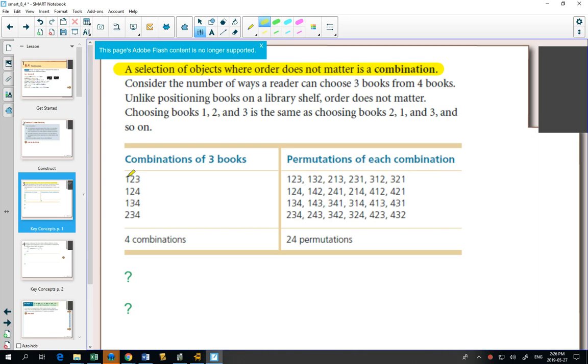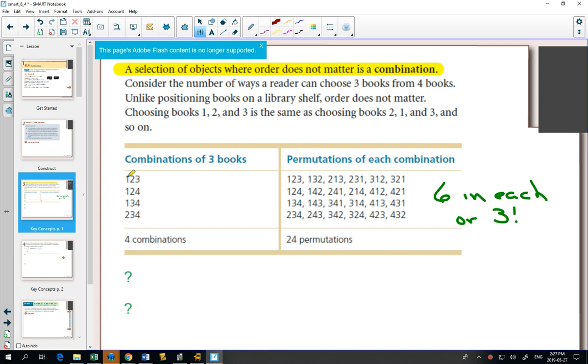And just like when we had identical objects and we divided to get rid of certain examples that were the same, the same thing happens in combinations. A combination is a permutation where the order is taken out. And notice that there are 3 factorial or 6 in each.